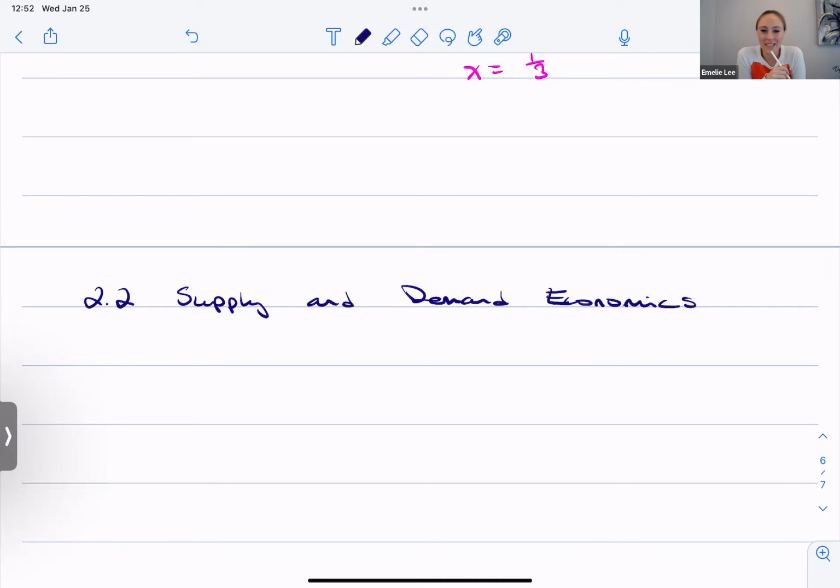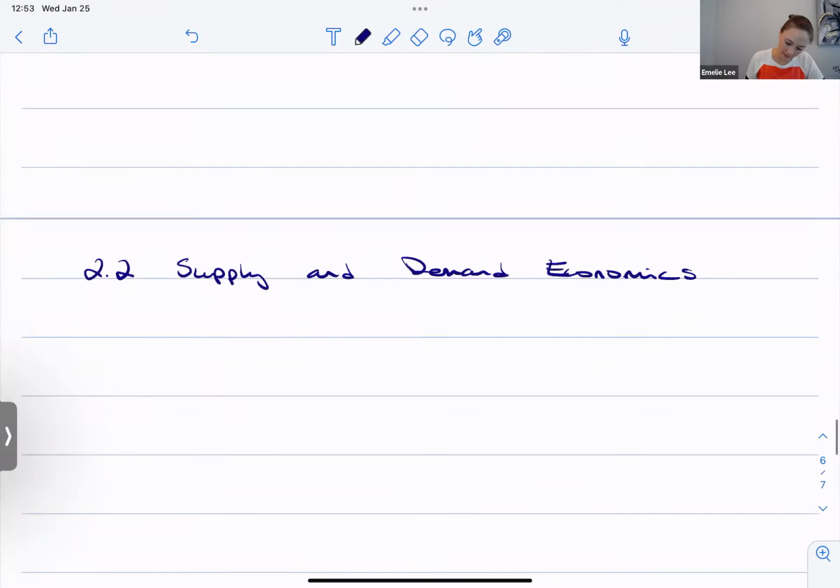Now, I've taken economics courses, or just a couple, but I'm not the one to teach you about supply and demand and how the curves shift or anything like that. So what we're going to focus on is we're going to find the point of equilibrium, right? The supply and the demand curve, equilibrium, that's what we're interested in. Really just the point of intersection of two lines, right? And so that's what we're going to focus on in this course, right?